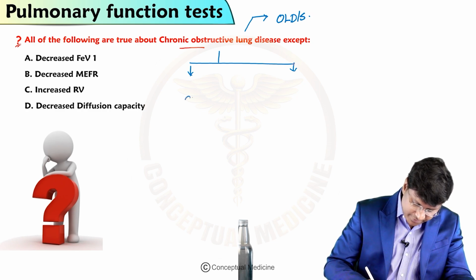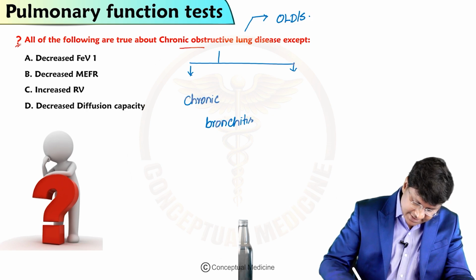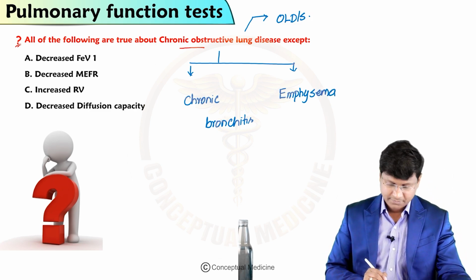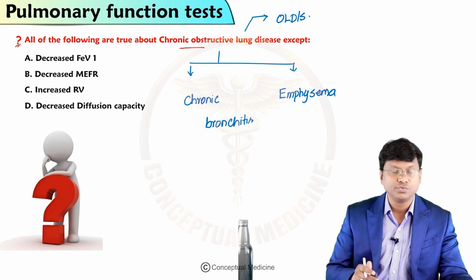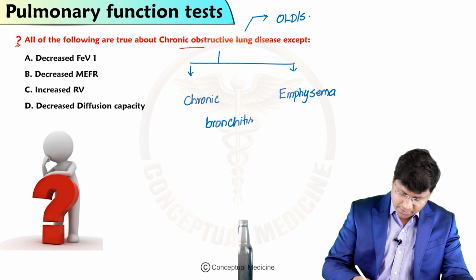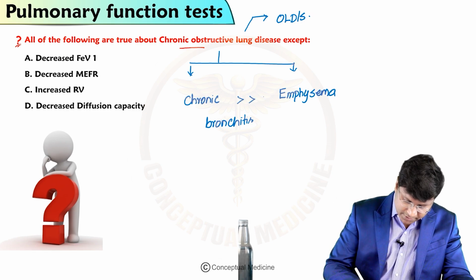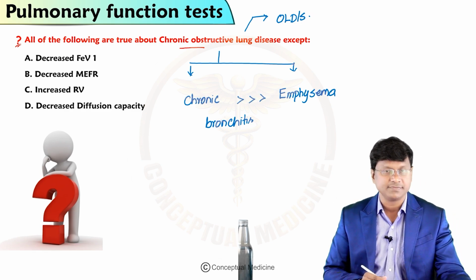One is chronic bronchitis, and another important subtype is emphysema. And in between these two, which is more common? Chronic bronchitis is more common compared to emphysema.